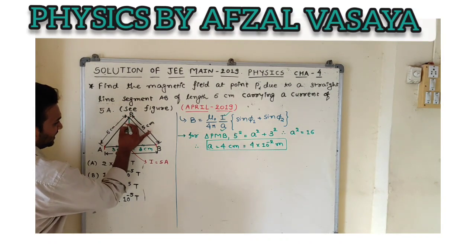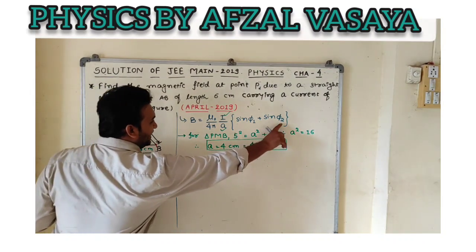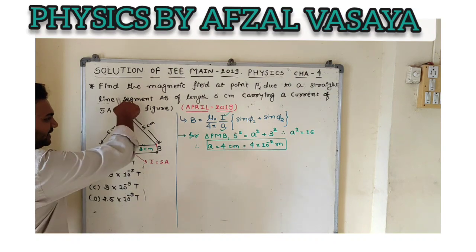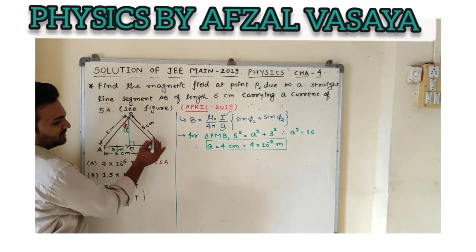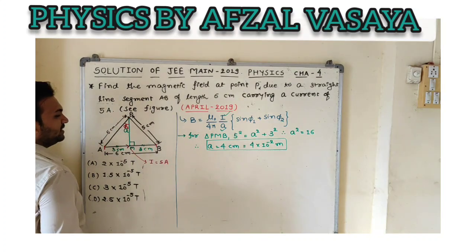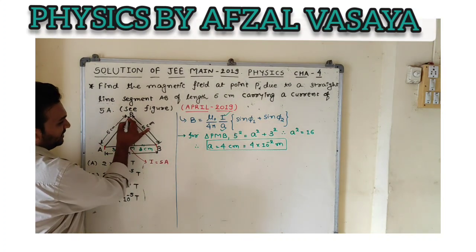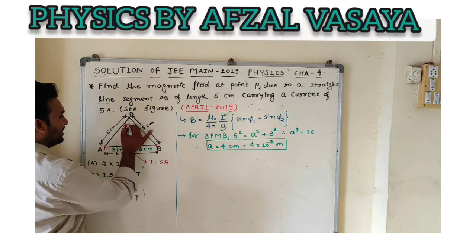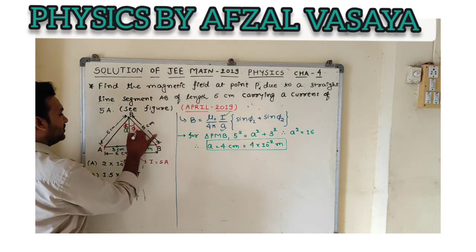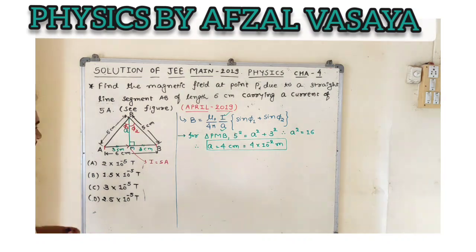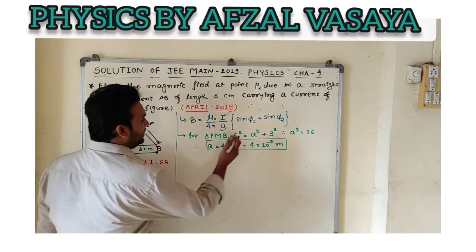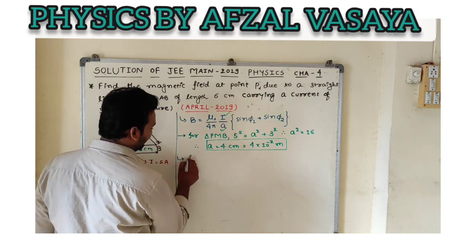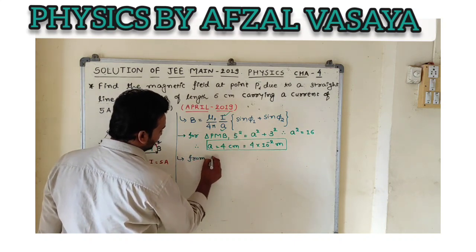And phi 2 is the angle between the perpendicular line and the line joining the given point P and the other end of the wire, which is B. So the angle between PB and PM is phi 2. From the figure we can calculate the value of sine phi 1 and sine phi 2.